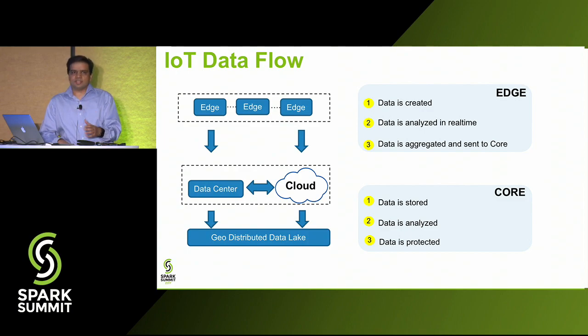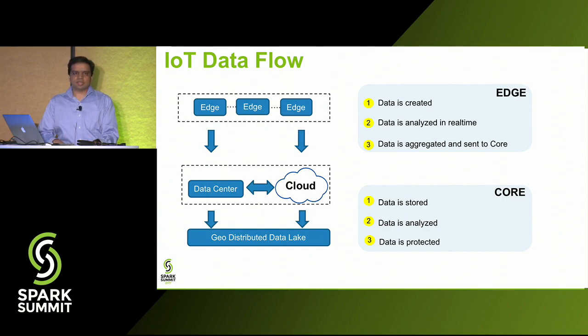What we are seeing in our customer base is different kinds of patterns. Some customers are consuming this data directly in their data center, and some are ingesting it in a cloud. This depends on where their IoT platform is deployed. But more and more, we are seeing that many customers are using both.